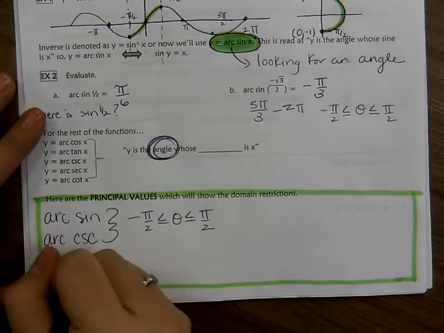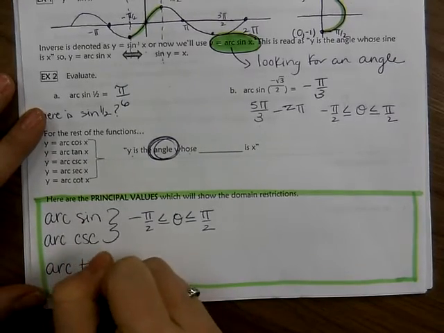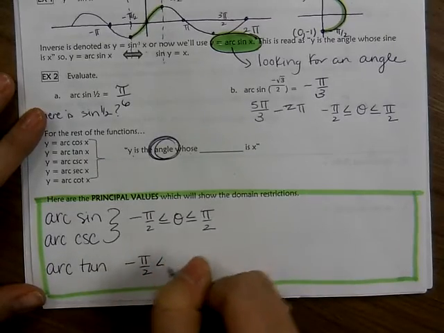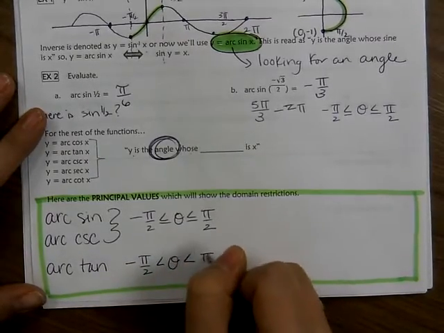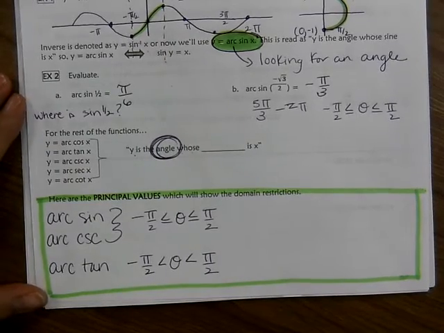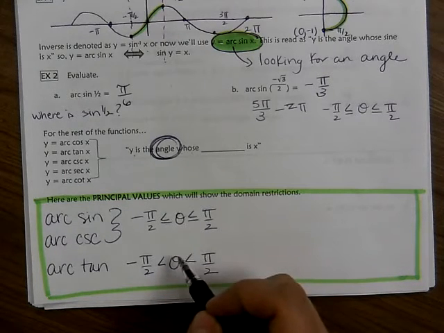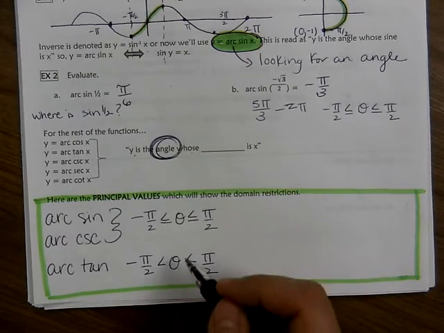Tangent also goes along with those, except, remember, tangent is undefined at negative pi over 2 and pi over 2. So it's not included within that domain. So that's the one we talked about, and then just adding cosecant and tangent with it. So that means that these are only in quadrants 1 and 4.